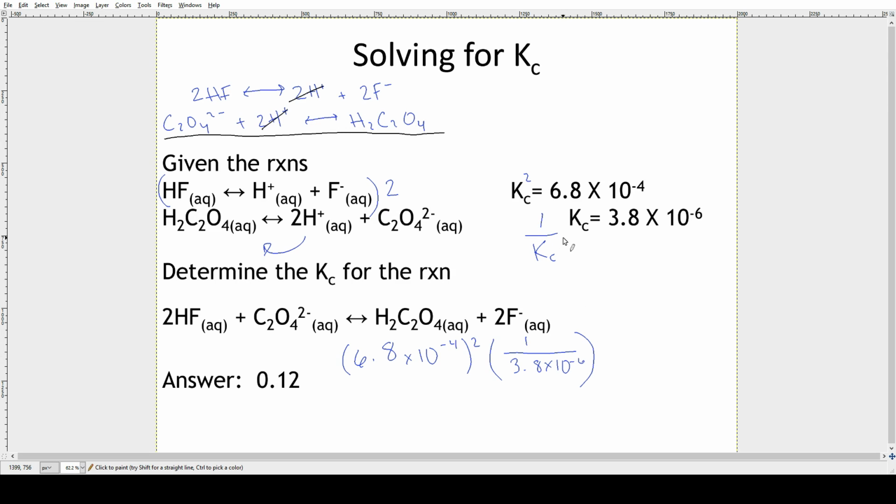And that's 1 over because I flipped this equation around because I wanted to be able to add these together to get that. Plug this in your calculator. That should be your answer. Have you noticed that we're not using units? That's right. We'll talk about that.